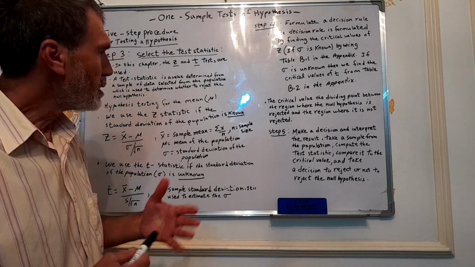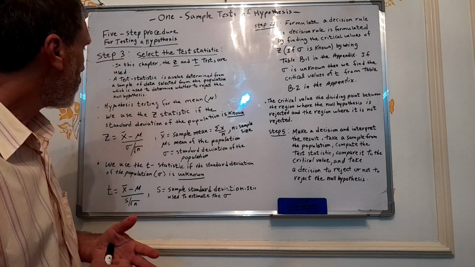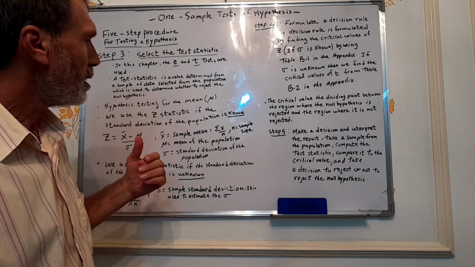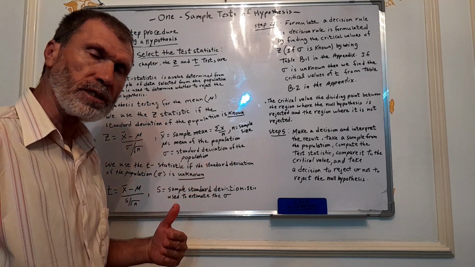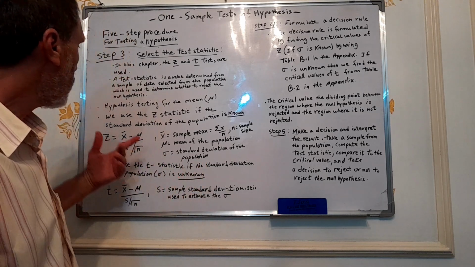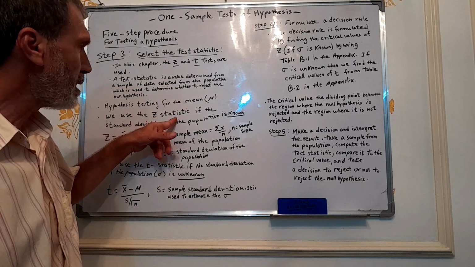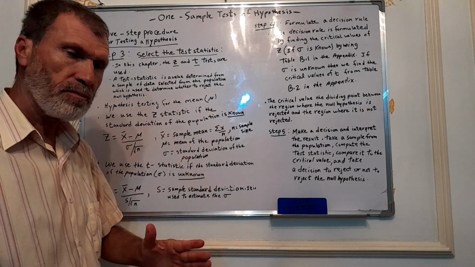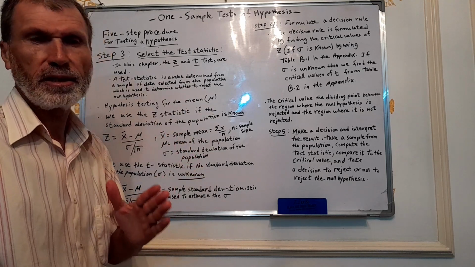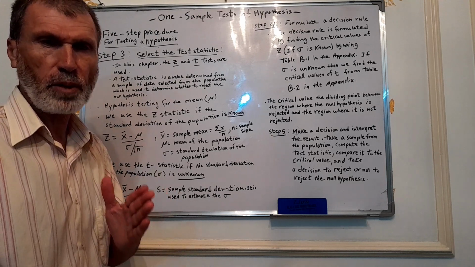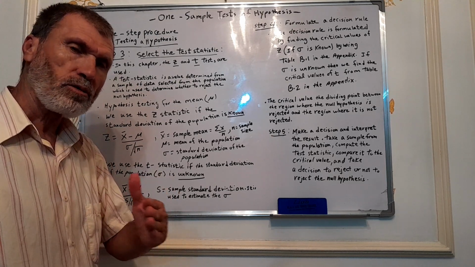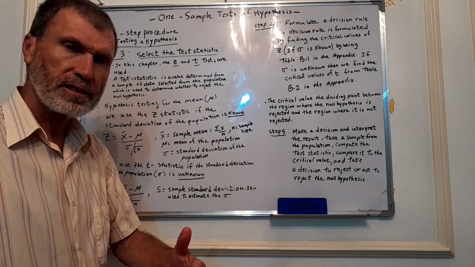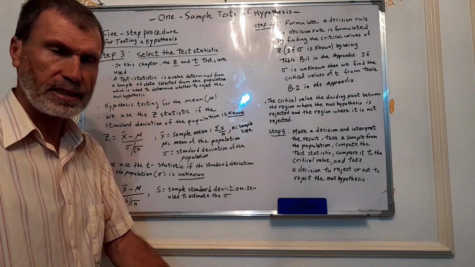We will see how z is calculated and when, and how t is calculated and when. So we use the z statistic if the standard deviation of the population is known. If the problem mentions that the standard deviation of the population is known, then to calculate the test statistic, we use z. We calculate the z statistic.